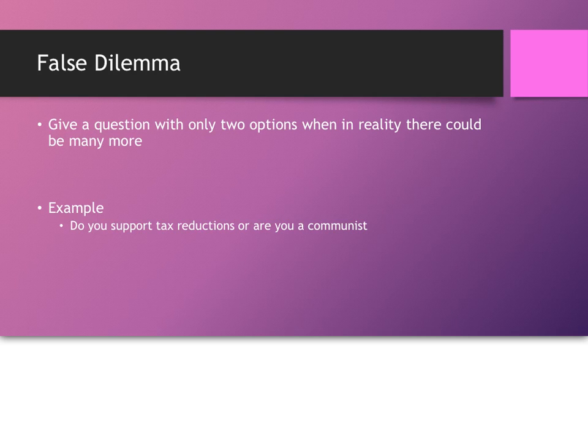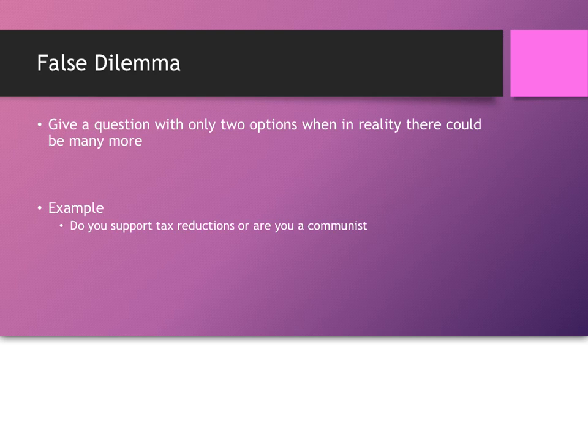Now, another very commonplace logical fallacy is what's known as the false dilemma. Okay? And this is, again, a very common thing to use. So, you give a question that only has two options. And in reality, there could be a lot more.